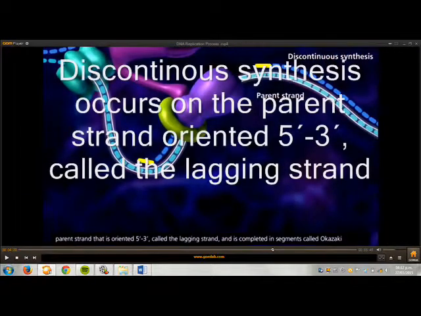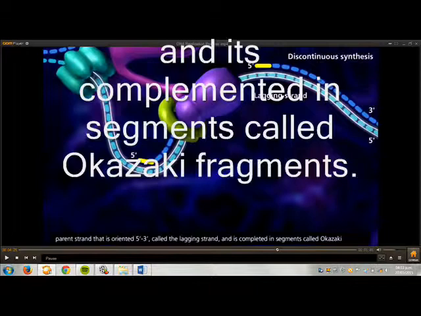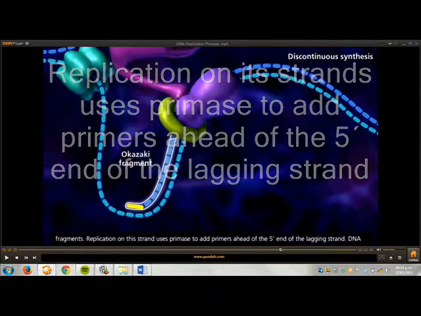Discontinuous synthesis occurs on the parent strand oriented 5' to 3', called the lagging strand, and is completed in segments called Okazaki fragments. Replication on this strand uses primers added ahead, toward the 5' end on the lagging strand.